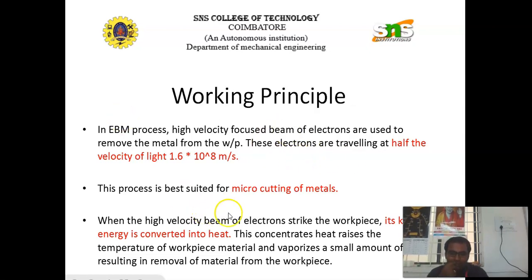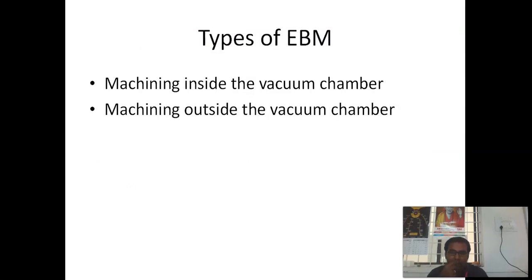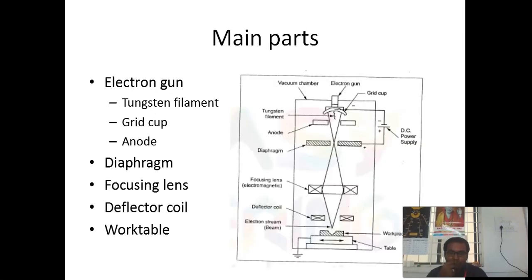When the high velocity beam of electrons strikes the workpiece, its kinetic energy is converted into heat. This concentrated heat raises the temperature of the workpiece material and vaporizes a small amount of it, resulting in removal of material from the workpiece. There are different types of EBM: machining inside the vacuum chamber and machining outside the vacuum chamber.